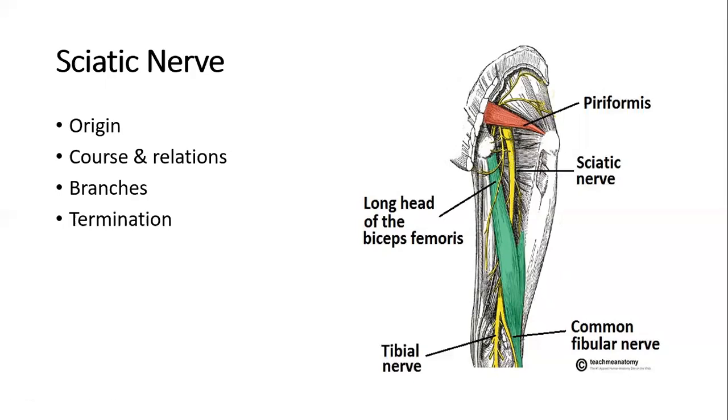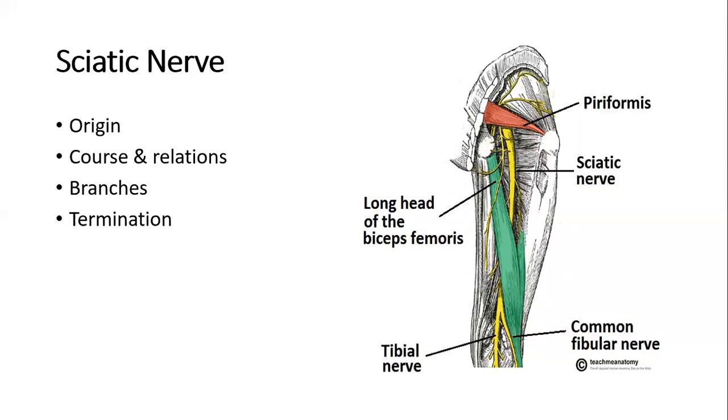Sciatic nerve, after entering the gluteal region, is the lateral-most structure among the structures that are coming out through the greater sciatic foramen. So the structures that are located medial to sciatic nerve include the inferior gluteal nerve and vessels, internal pudendal nerve and vessels.